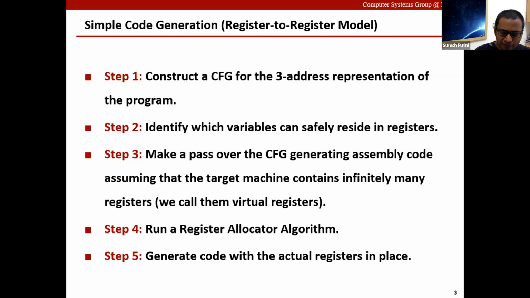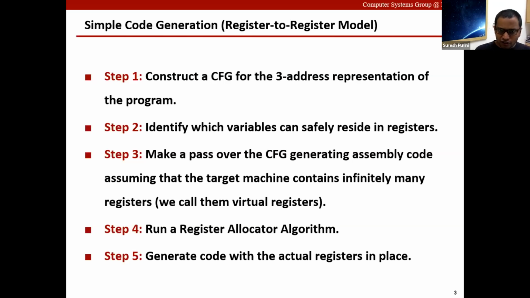And all the variables which cannot safely reside in registers, we retain them in the memory. And when we generate code, we keep this in mind: whether the variable that we are accessing is register safe, or it is residing in the memory.